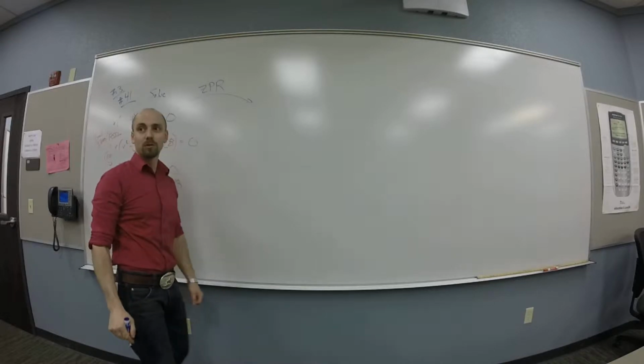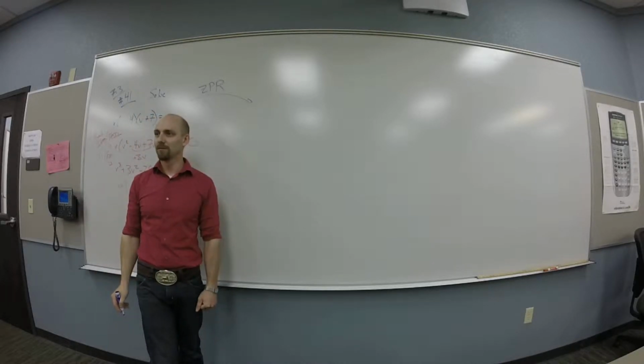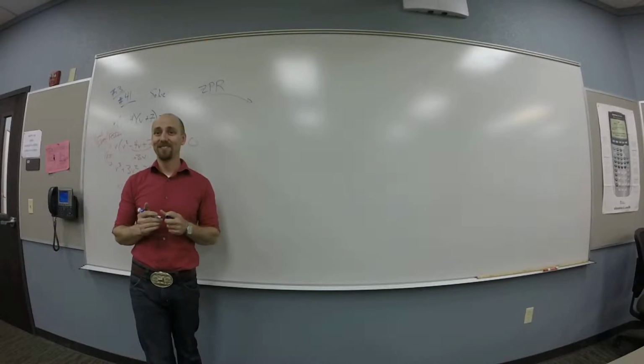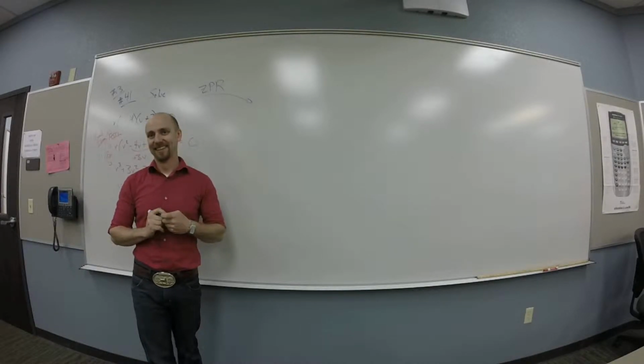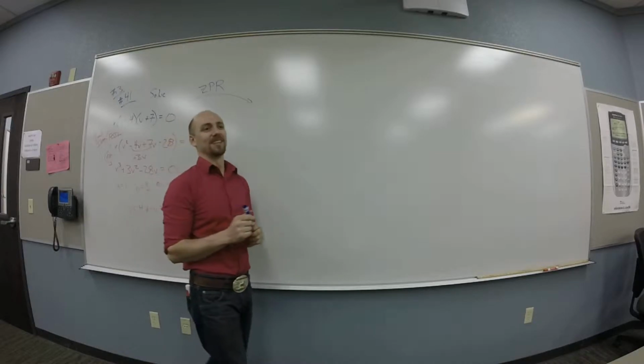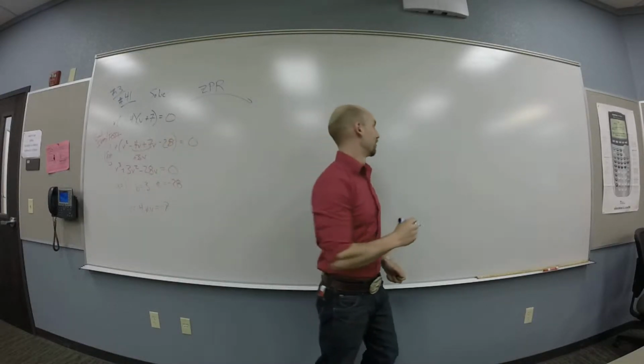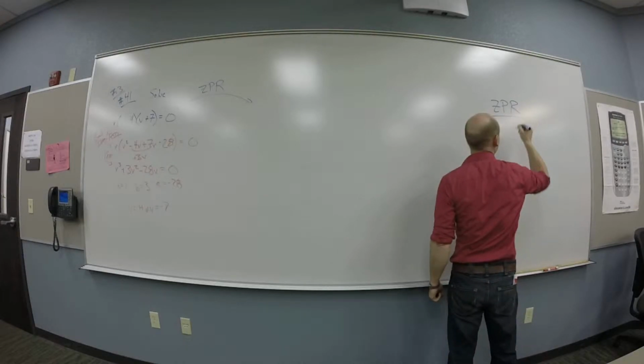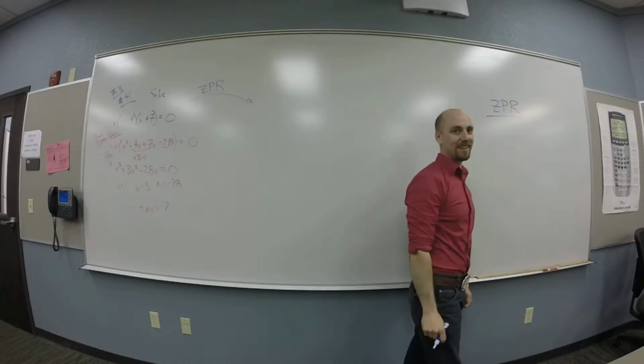What does the zero product rule say? You guys remember this thing from chapter 6? Algebra 1? What's the zero product rule say? You guys remember? No? It's been 2 months. It's been too long?